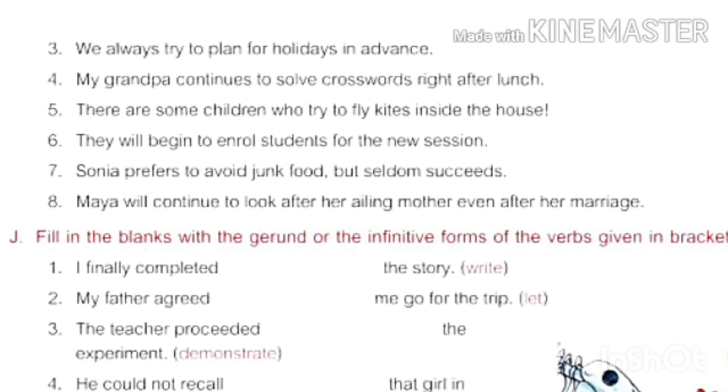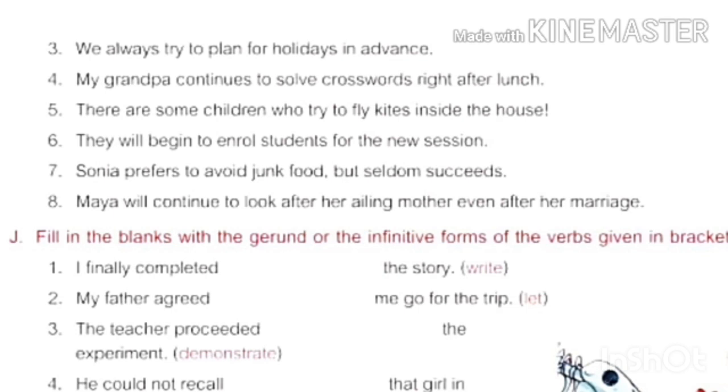So to solve becomes solving. My grandpa continues solving crosswords right after lunch. Next, fifth sentence. There are some children who try to fly kites inside the house. There are some children who try flying kites. Okay, to fly becomes flying, inside the house.